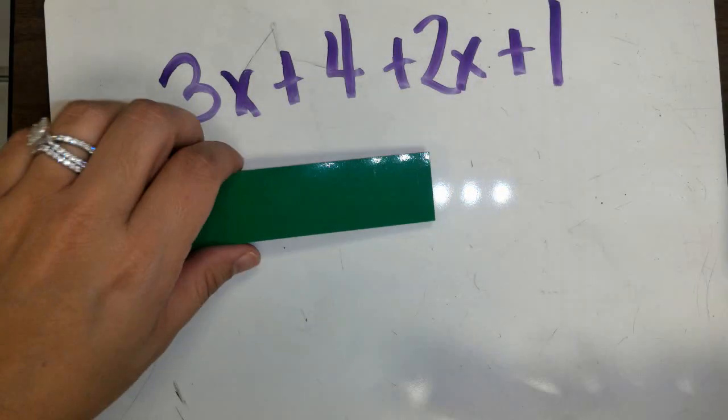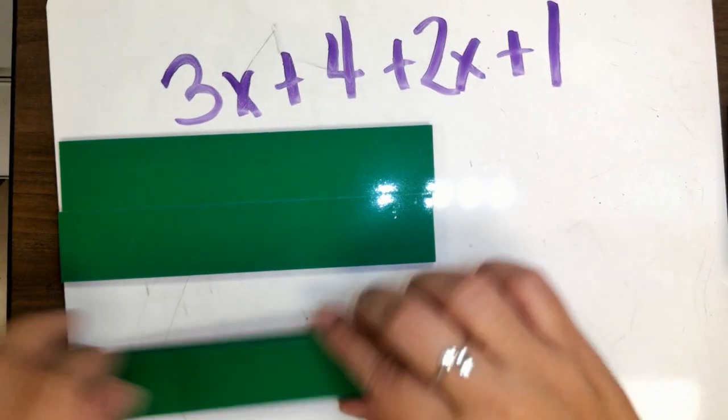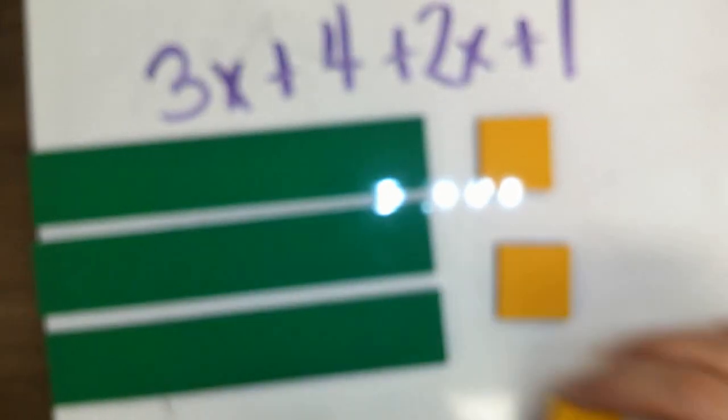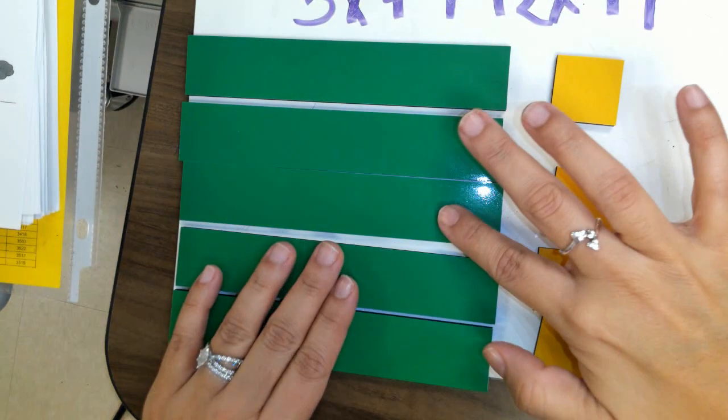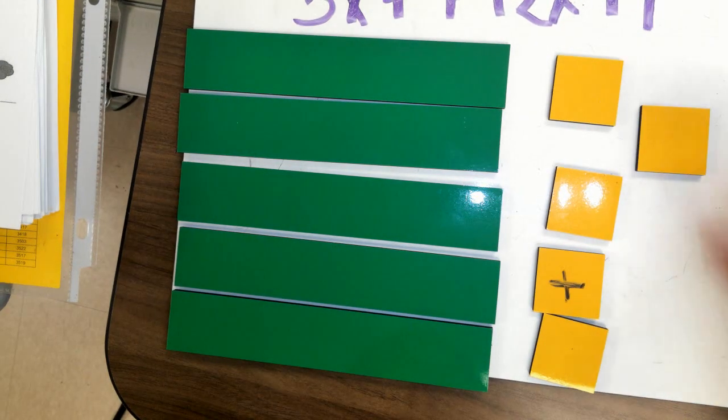So here's x, x, and another x. There we go. And then I have 4 1's. And then I have 2 more x's. Let's see if you can see that. And then lastly, I have another 1.